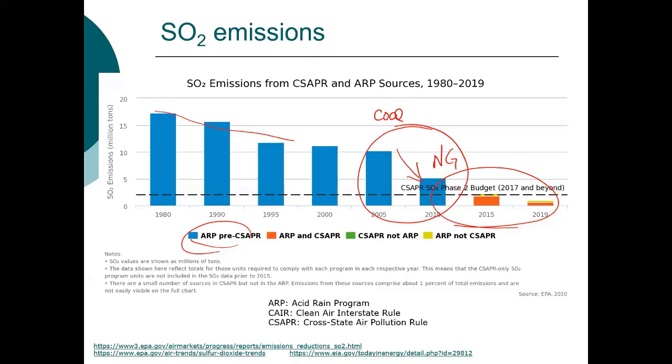That comes in about 2005. That rule was vacated in the courts. It was argued for several years in the courts. And then ultimately in about 2015, that morphed into the Cross-State Air Pollution Rule.